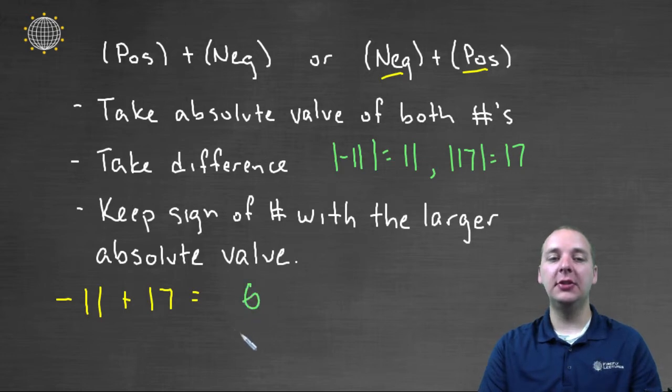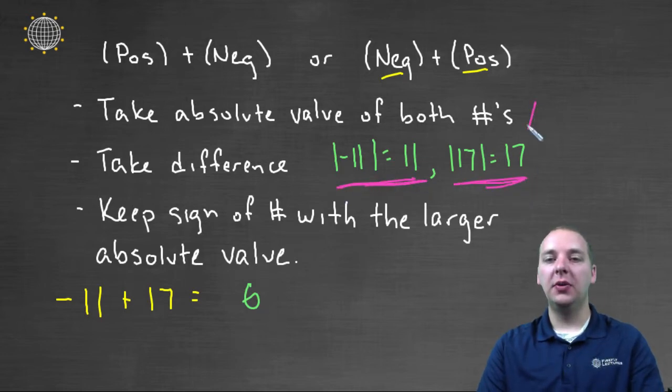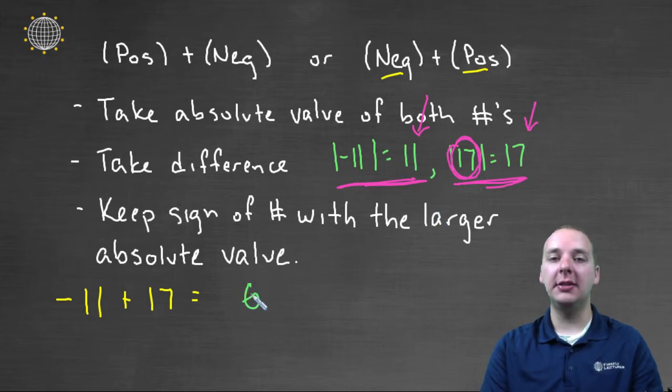Now the question is, should this be a positive 6 or a negative 6? For that, I'll look at these two absolute value numbers and see which one was larger. Well, 17 was larger than 11, so I'm going to keep the sign of the 17 number. So this will be a positive 6. If this number was larger, then I would have kept the negative because it was equated with the negative number I took the absolute value of, not the positive. So negative 11 plus 17 is positive 6.